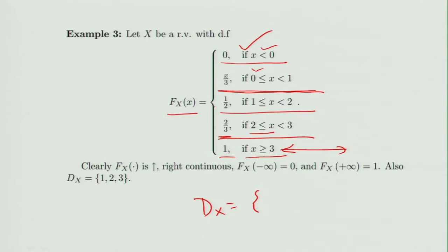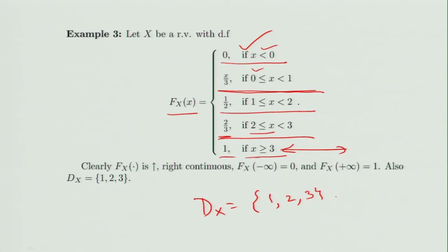So 1 is a point of discontinuity. At 2, left hand limit is half, value of the function is 2 by 3. So 2 is also a point of discontinuity. At point 3, left hand limit is 2 by 3, value of the function is 1, so 3 is also a point of discontinuity.